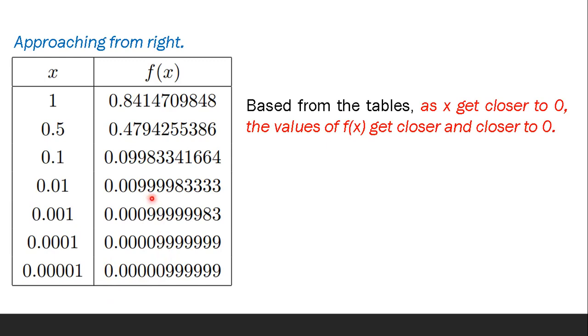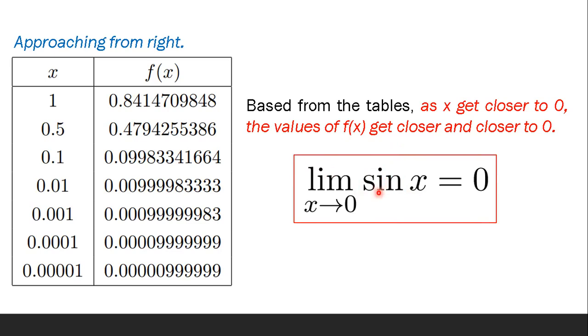As you observe here, the values from 0.9999... we already have 6 nines, then 5 nines, and so on, until the remaining digits in our decimal are 0.000, which means we get closer and closer to 0. And that's how we observe from the table. Therefore, the limit of sine x as x approaches 0 is equal to 0. And that's our answer.